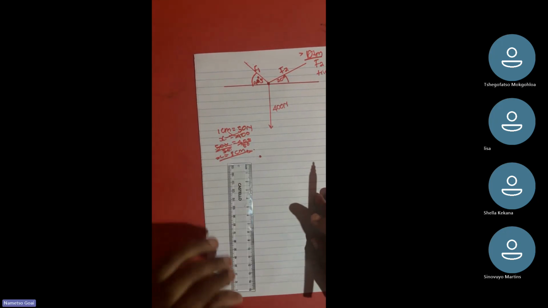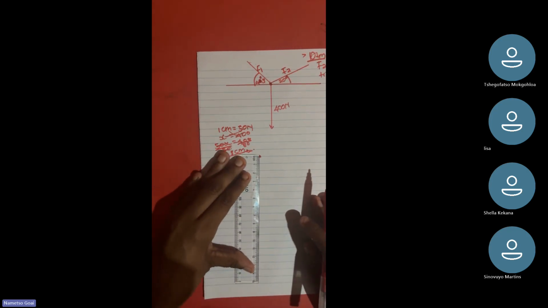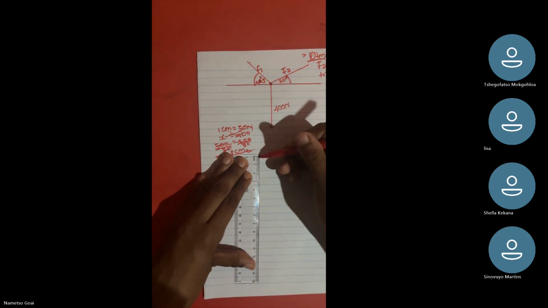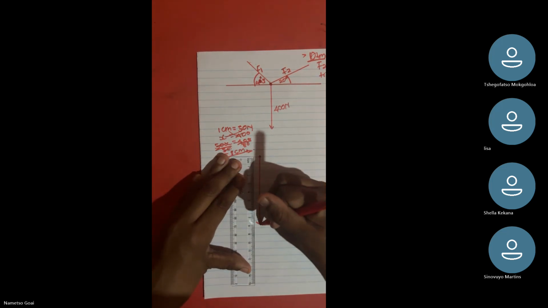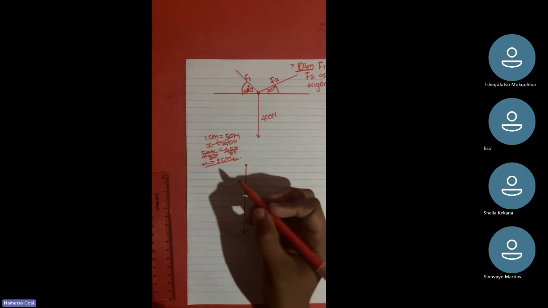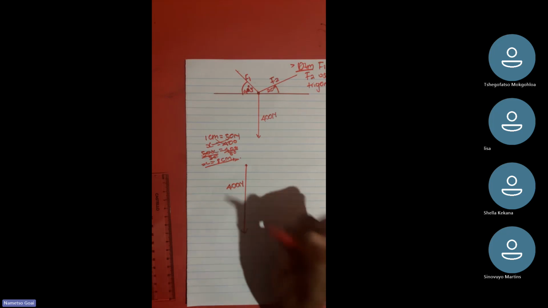Yes, ma'am. Okay, great. So if it's 8 centimeters, you look for 8 centimeters on the ruler and go 8 centimeters down. This would be our 400 Newton force.